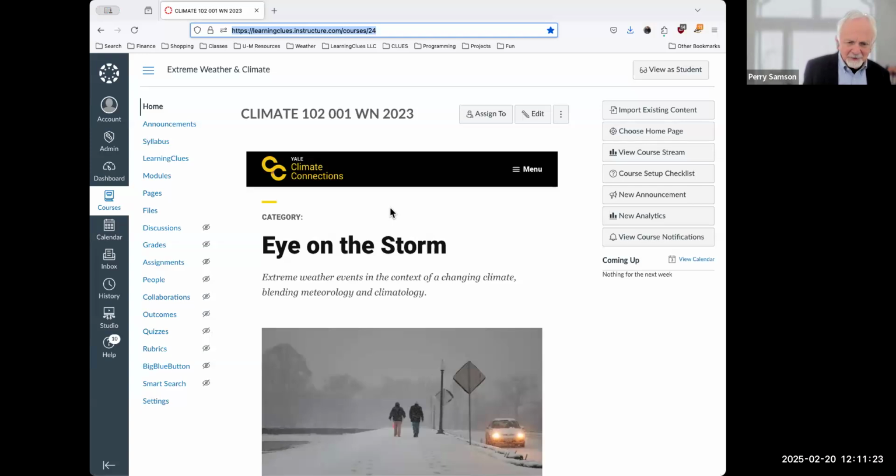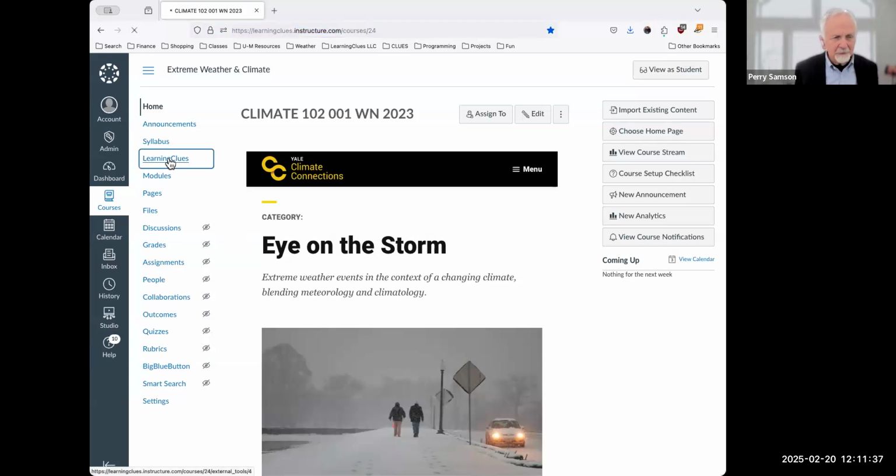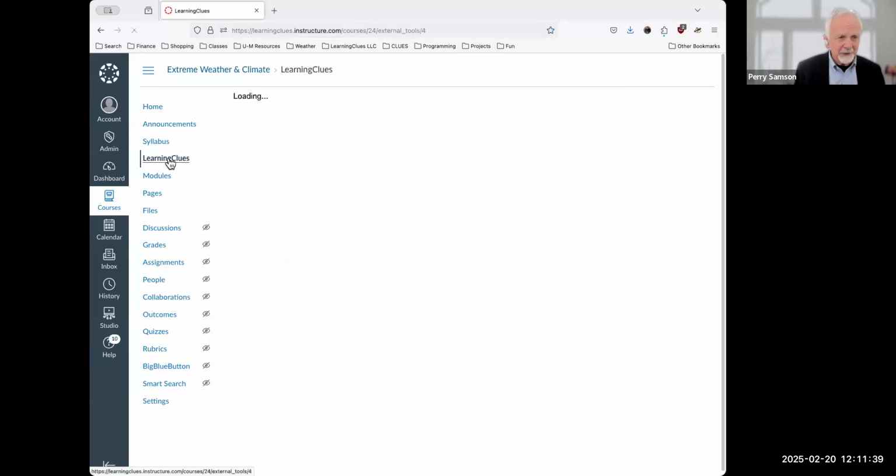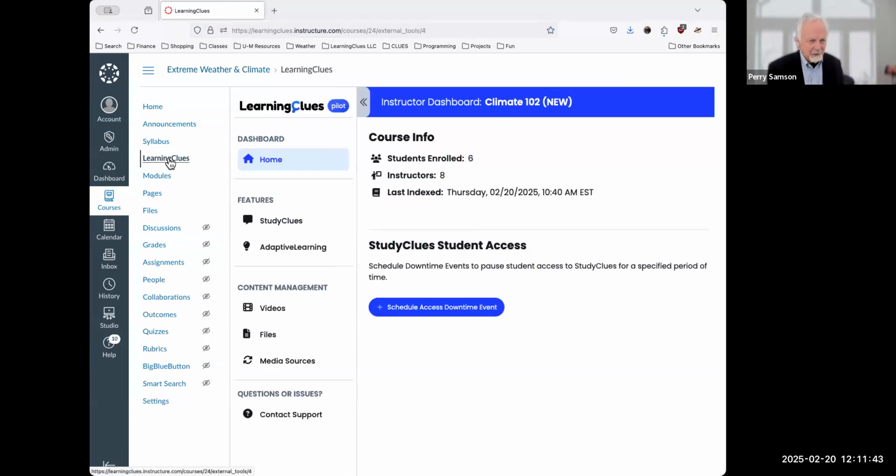So here we are live. This is in the Canvas environment, LMS. And our system is LTI compliant, so any LMS that is LTI compliant can include it. I'm the instructor, so I click on that. And the first thing as the instructor is going to come up is an instructor dashboard.